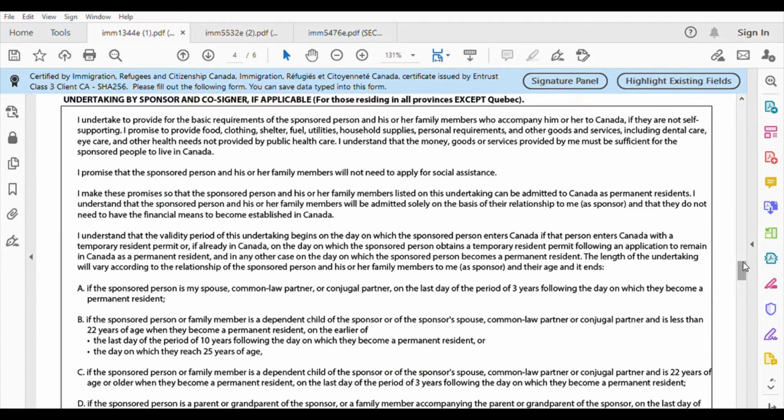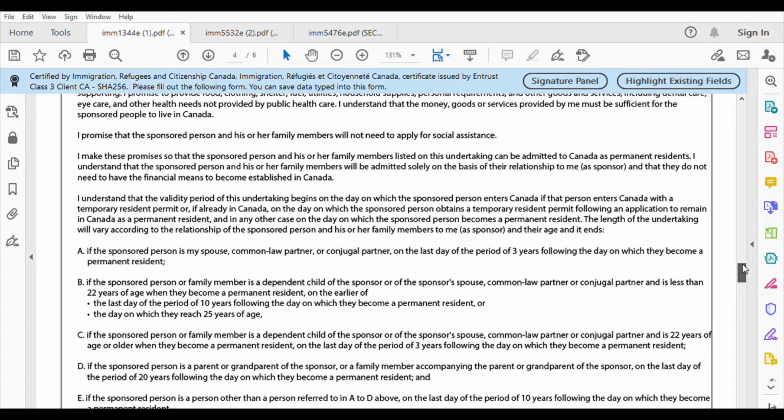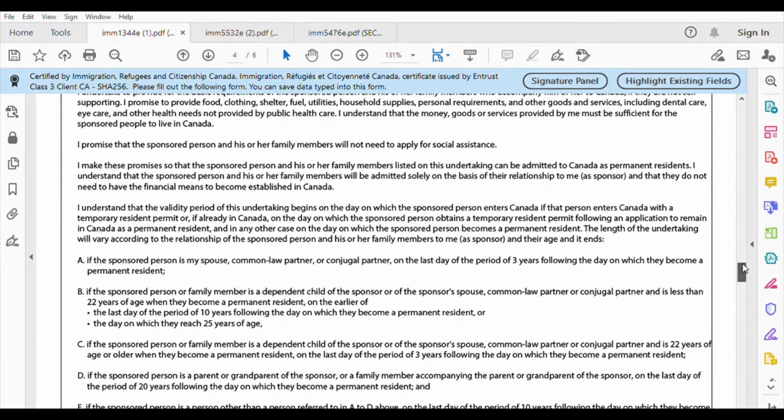As I said before, the sponsor is responsible for the principal applicant for a certain period of time after the principal applicant got approved for the permanent residency. It depends on what type of principal applicant, so the duration varies.